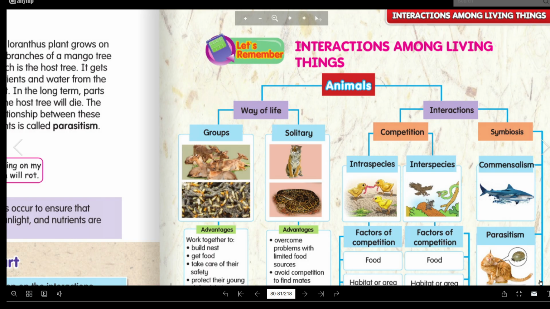Also, it's easier to protect territory. And in solitary, you don't have to worry about others not getting enough food.